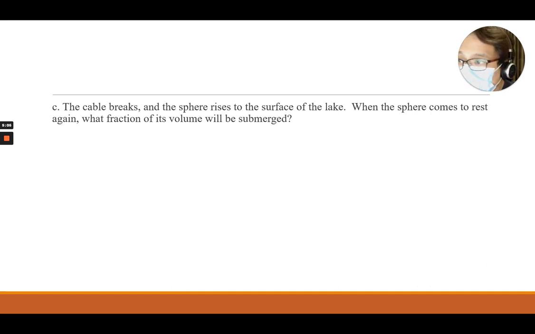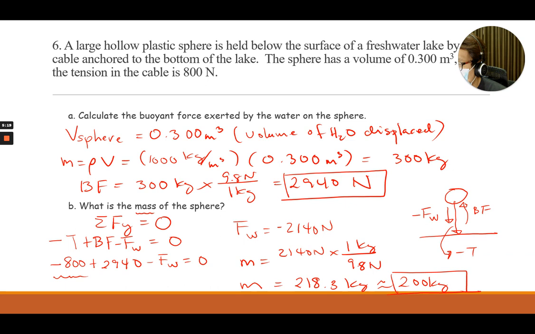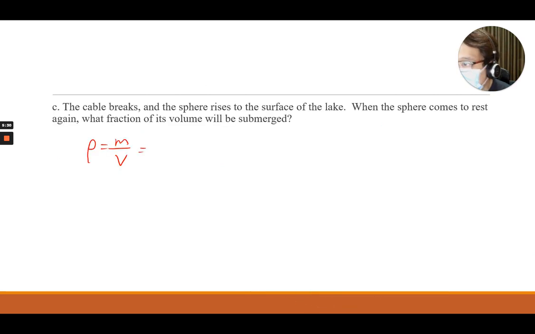So first, before we do that, you have to compute the density of the large hollow sphere. It's equal to mass divided by the volume. The mass we computed as 218.3 kilograms. We already computed this.